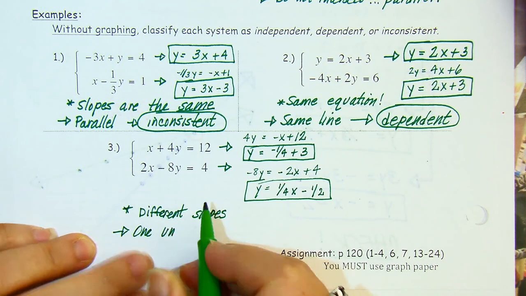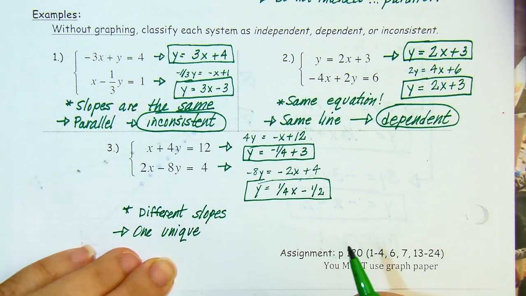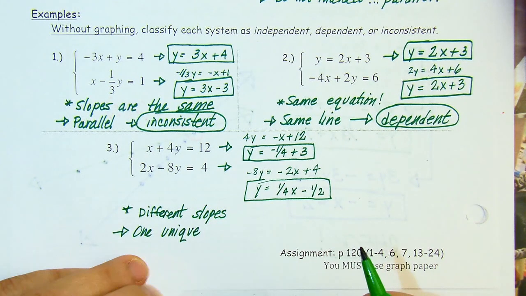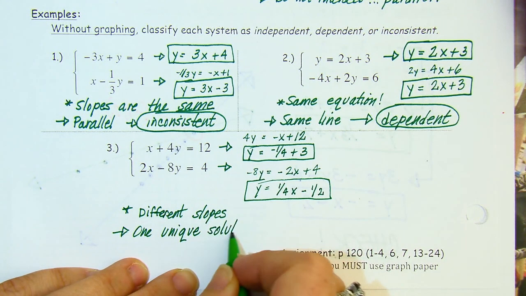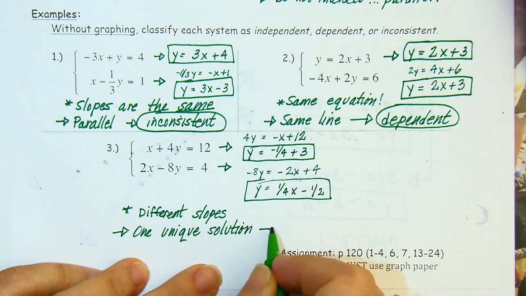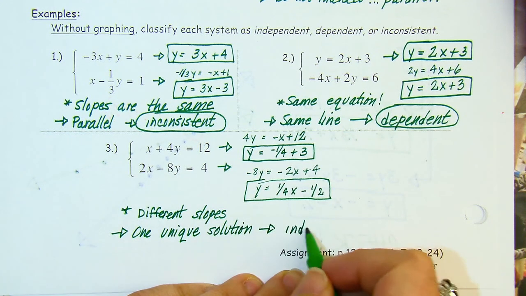Because they will intersect at some point. We're not looking for the solution. We're just looking to classify it. So do these intersect? Well, yeah, they would intersect somewhere. So there's one unique solution, which means we conclude that this system is independent.